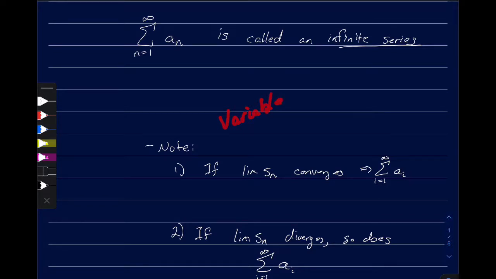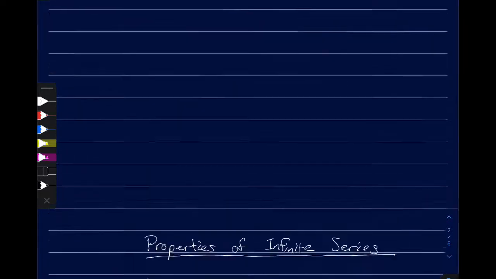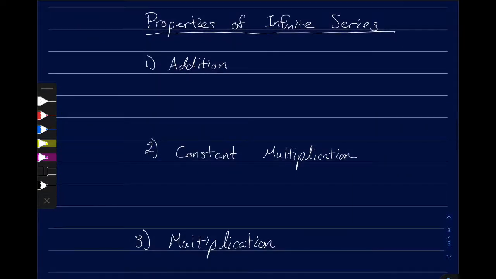So, what a dummy variable is, it's just a placeholder for a variable. Just like how if we were to integrate x squared from 0 to 1, and we were to integrate y squared from 0 to 1, it wouldn't really change anything at all. It's just which variable we're using.